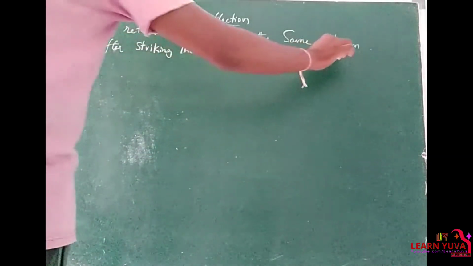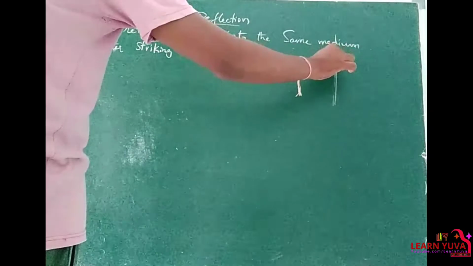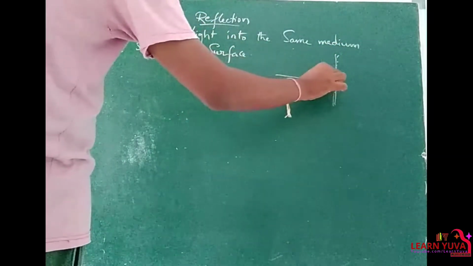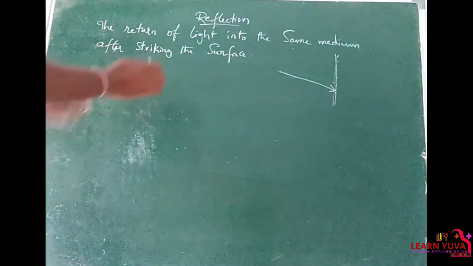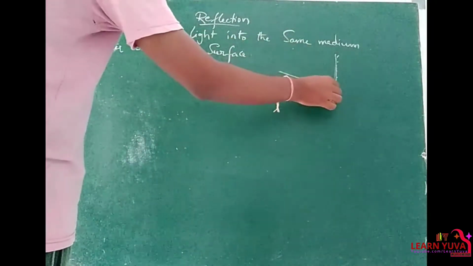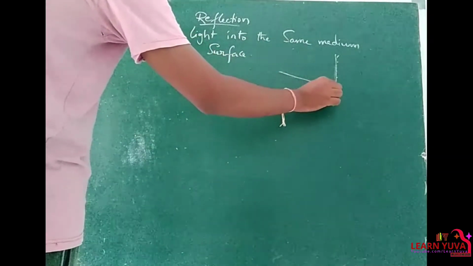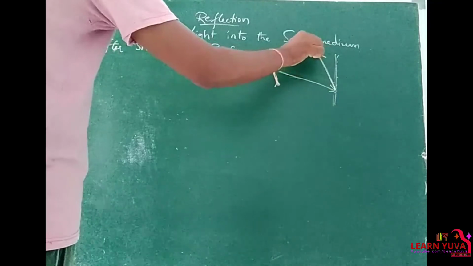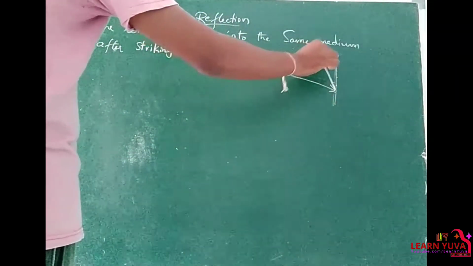That means it is the air, it is the surface, it is the incident ray. By the definition, the return of light into the same medium after striking the surface is nothing but a reflection.